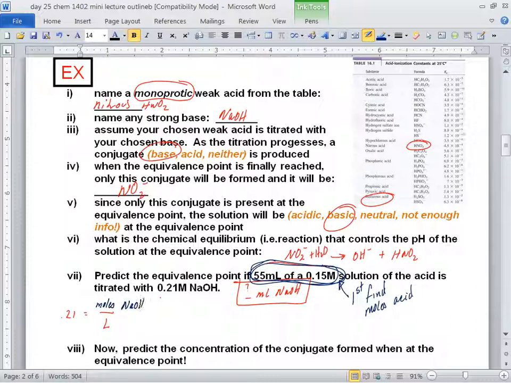And that number is going to go right there, because they're the same.